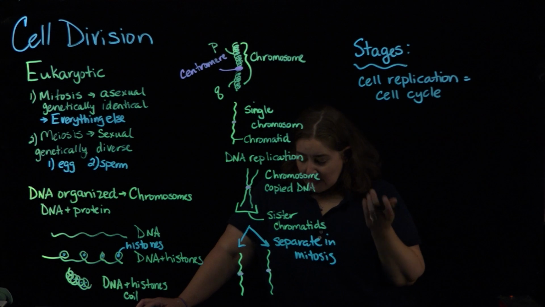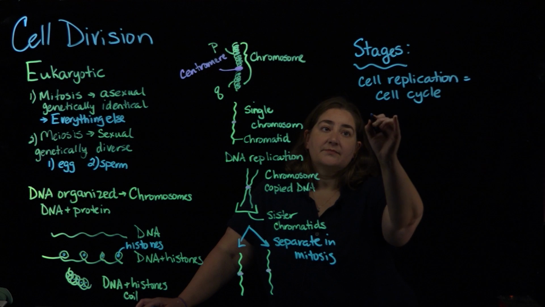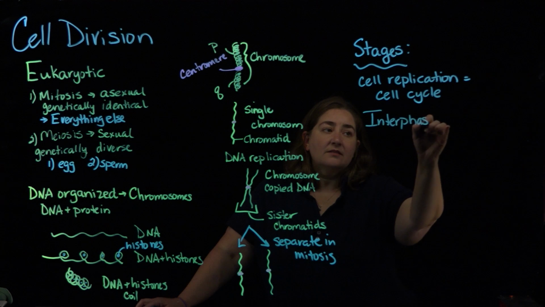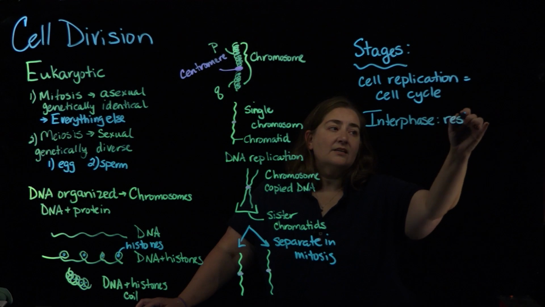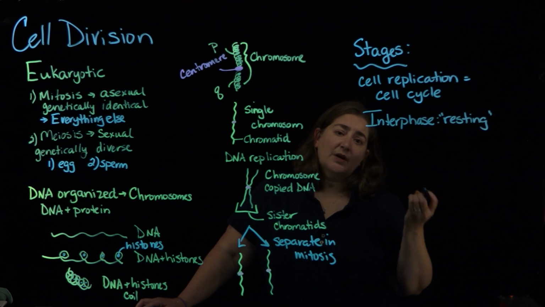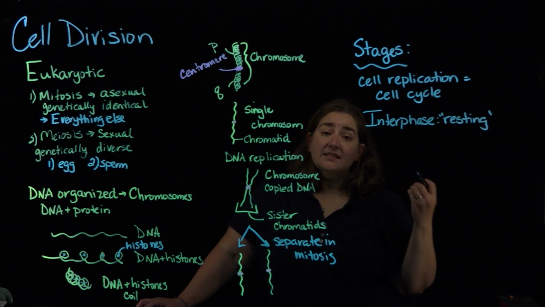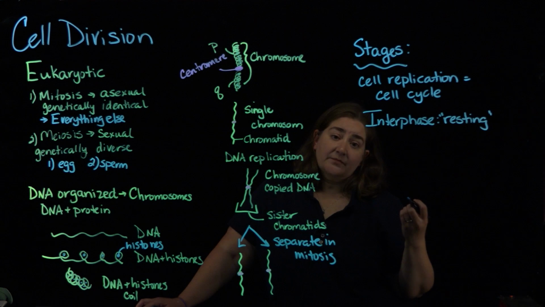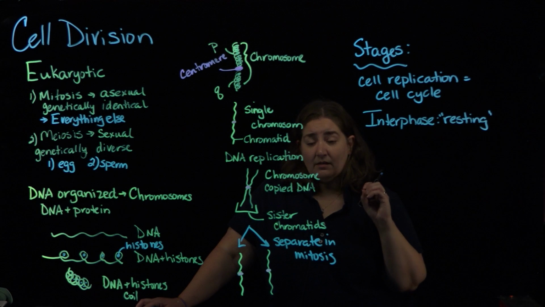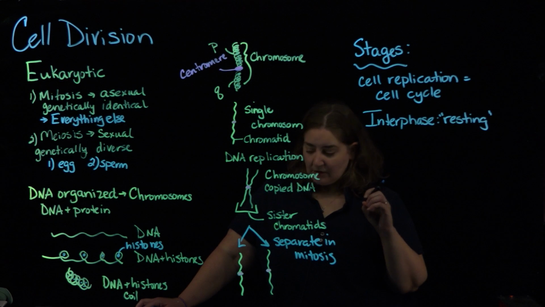And in terms of the cell cycle, we're going to have a couple different stages. We're going to have interphase. Some books describe it as a resting stage or a quiescent stage, quiescent meaning it's not actively undergoing cell division. But that interphase stage can vary a lot for different cells.